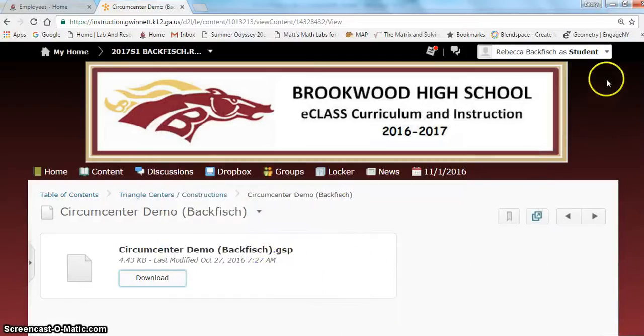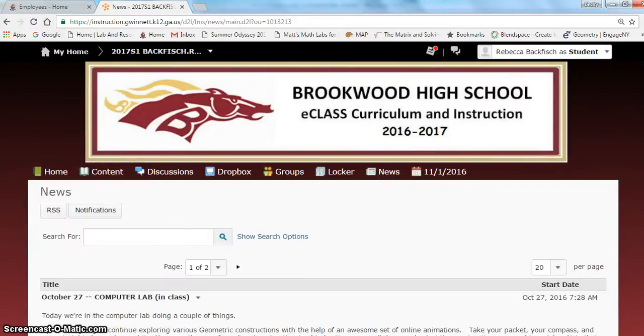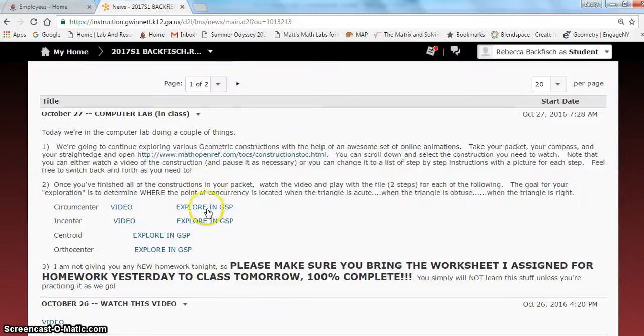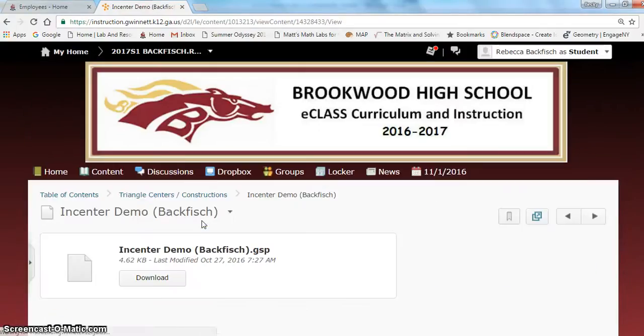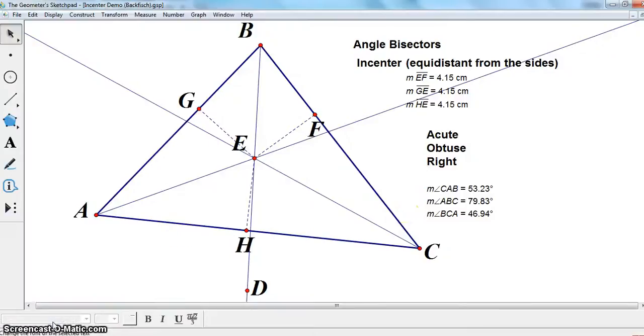All right, let's look next at the incenter. Here's the incenter. This is made from the angle bisectors. And here are the angles.